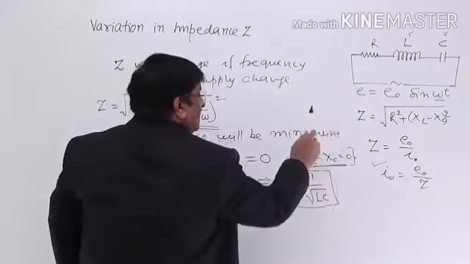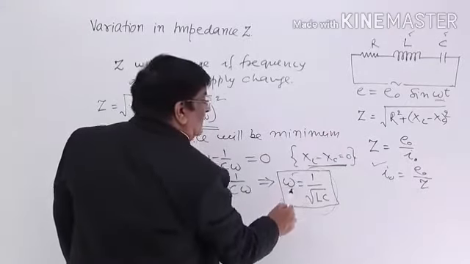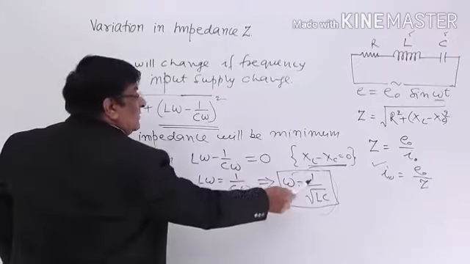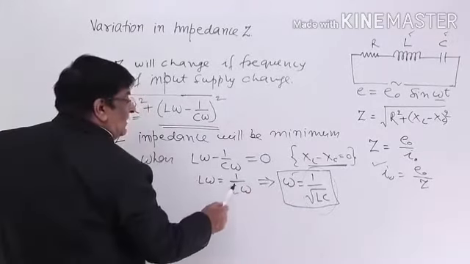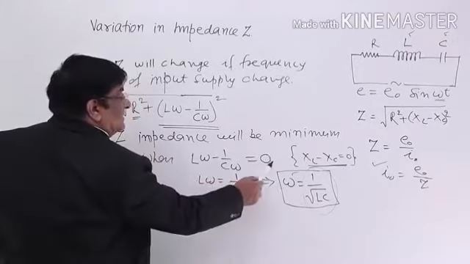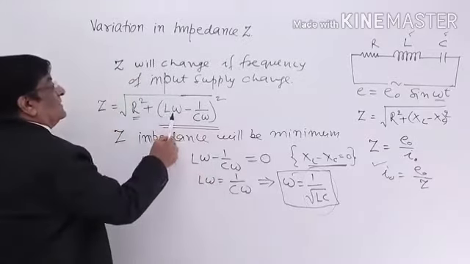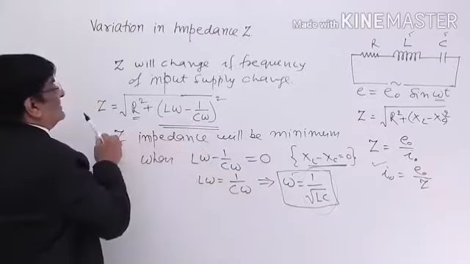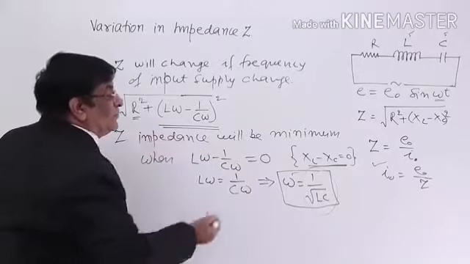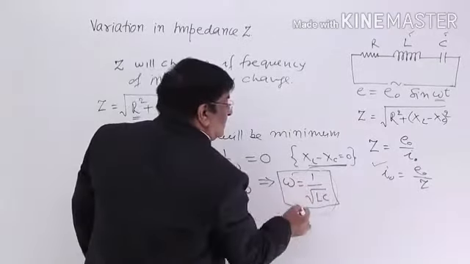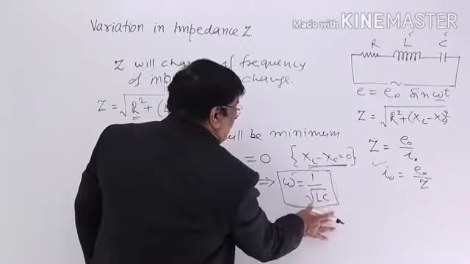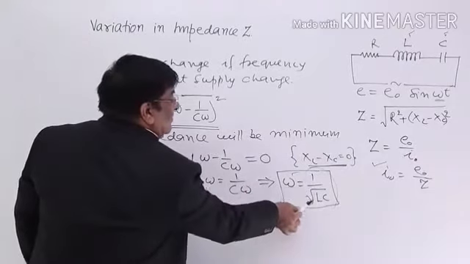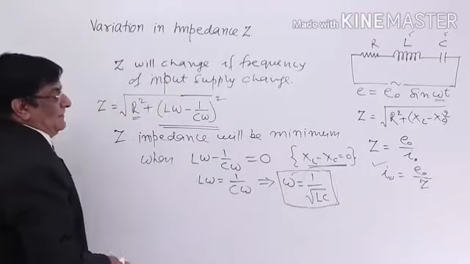If EMF is supplied with that frequency, then XL minus XC will become 0. If this becomes 0, then Z will be minimum. Please remember it: the condition for Z to be minimum is that frequency is equal to 1 upon root LC.